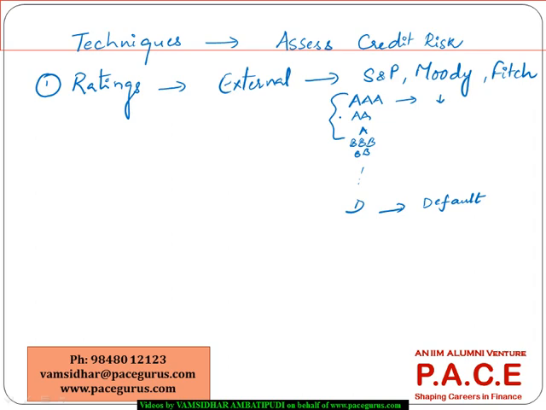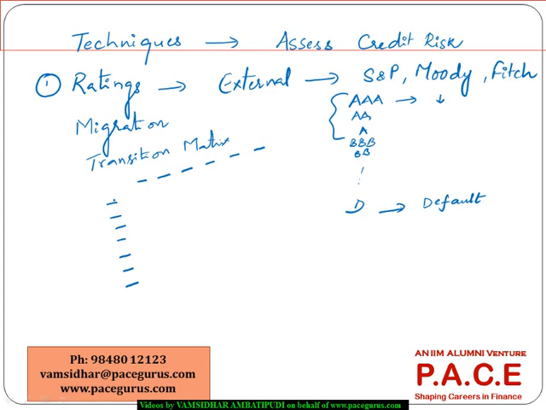And along with this credit rating, there is also a rating migration matrix, or probably we'll call it a ratings transition matrix, which is like, okay, at the beginning of the year, these are, let's say, the ratings, and at the end of the year, these are the ratings.